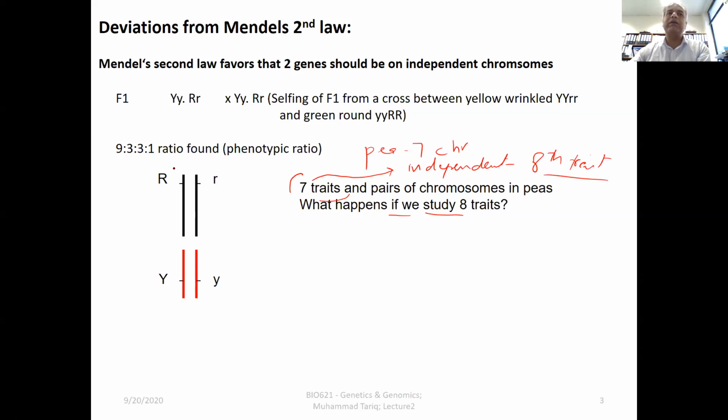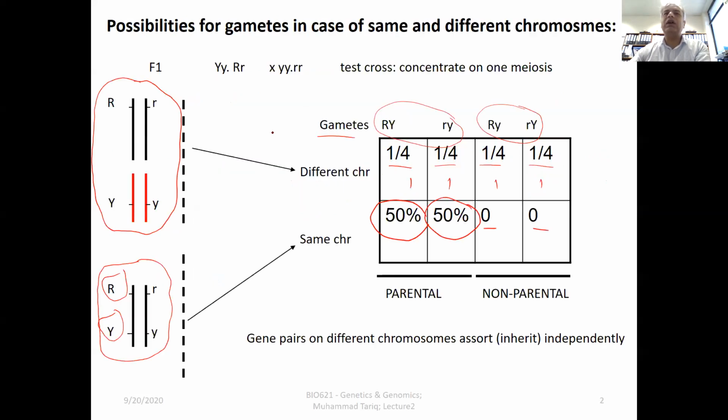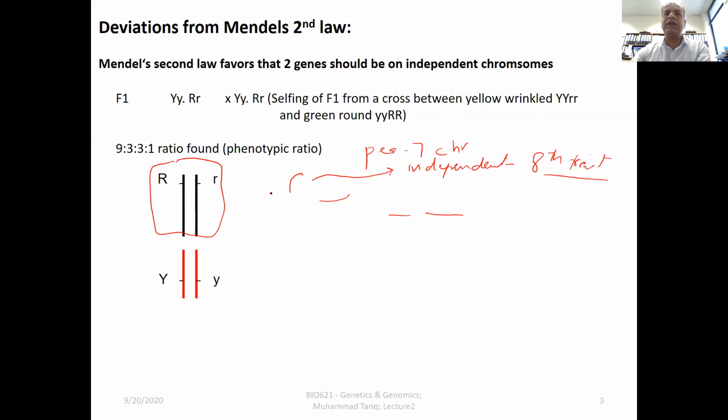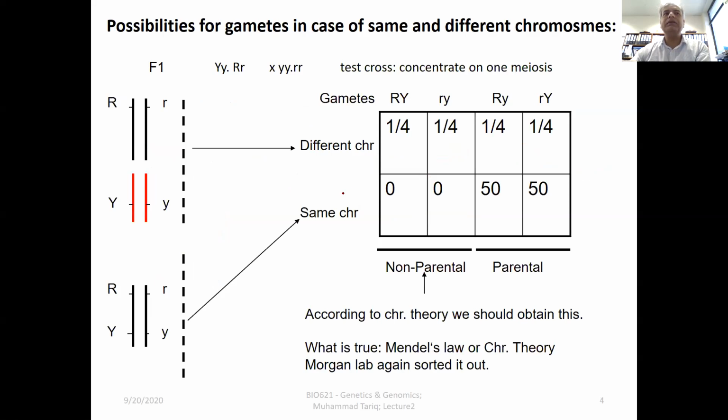So would he still receive this 25% each, or this 50% each if they reside on the same chromosome? That was the question.